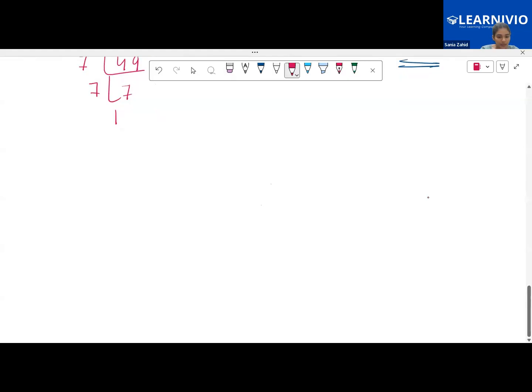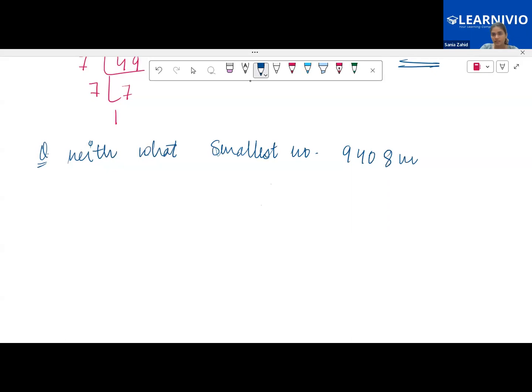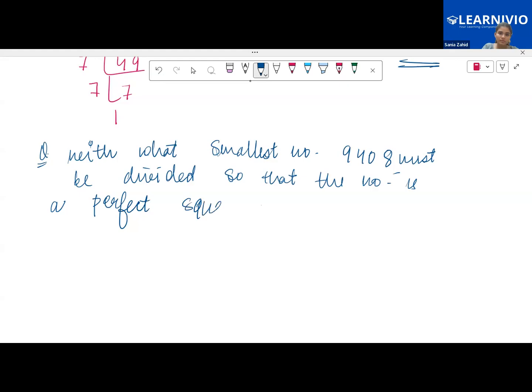Next question. Next is a similar one. With what smallest number must 9408 be divided so that the resulting number is a perfect square?